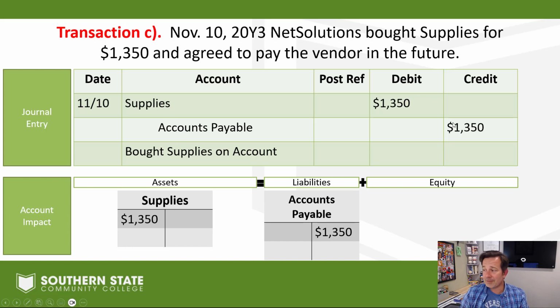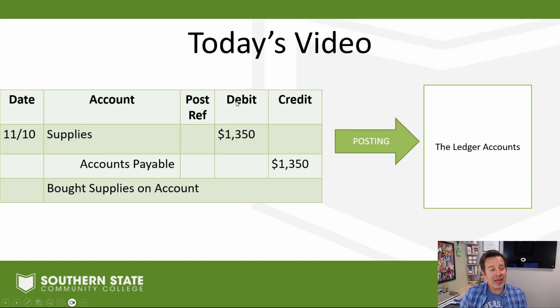Debits and credits have to be equal. So in our video today, we're going to talk about how to take that transaction from our journal and post it to the ledger accounts, supplies and accounts payable. That process of posting helps us keep track of what's going on. Every transaction is going to start in the journal and get copied over to the ledger.